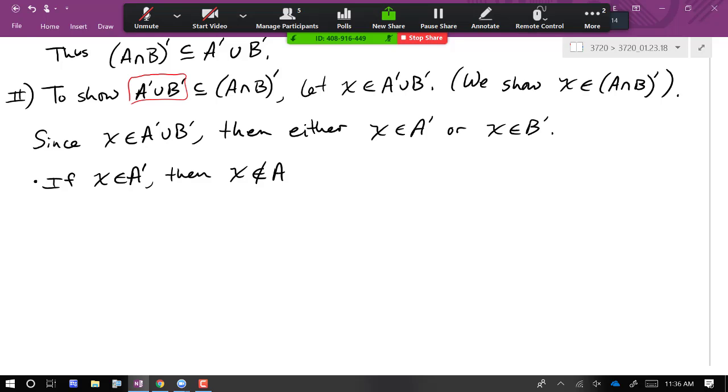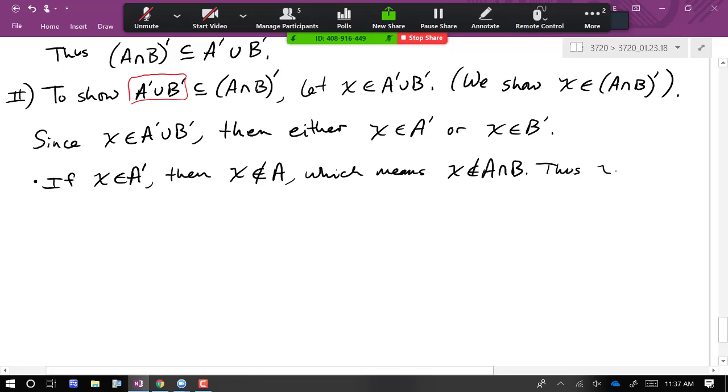So if you're outside just one of those sets, that ruins your chances of being in the intersection. So X is not in A, which means X is not in the intersection. And if you're not in something, then you are in its complement. So X is in the complement of A intersect B.